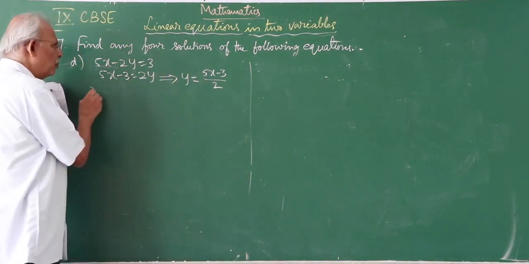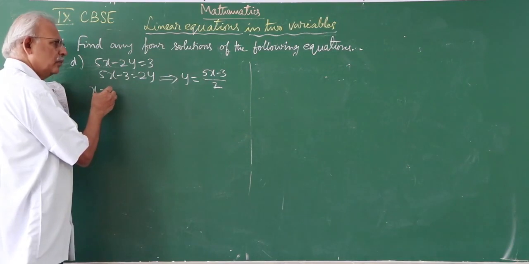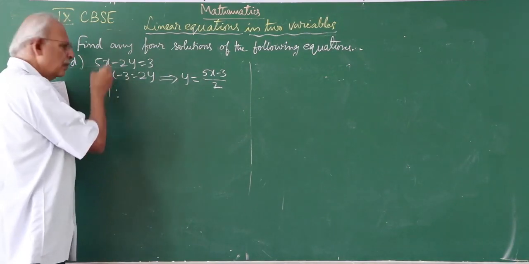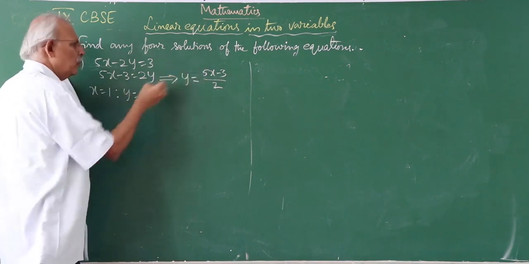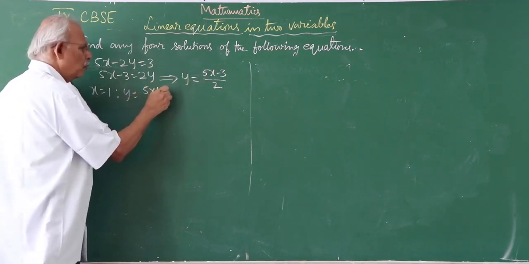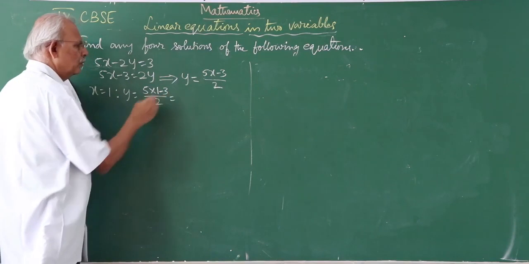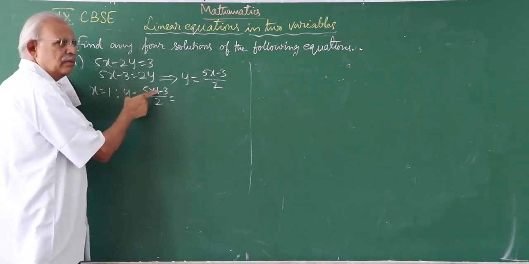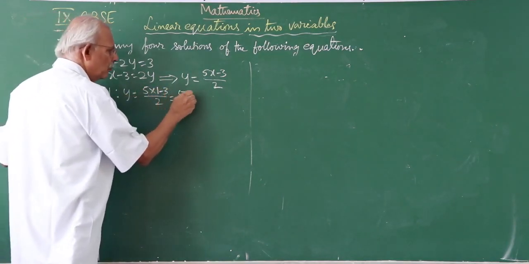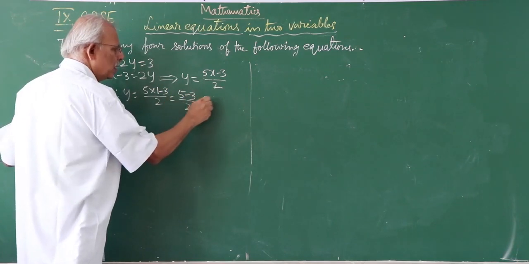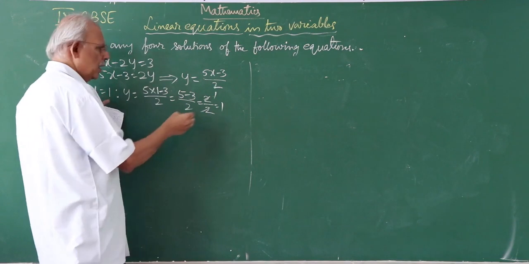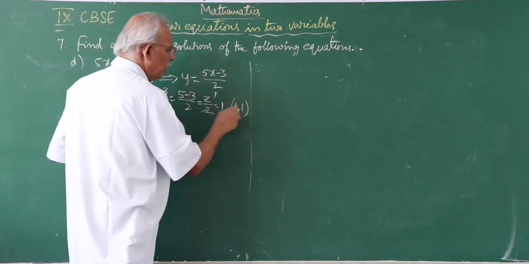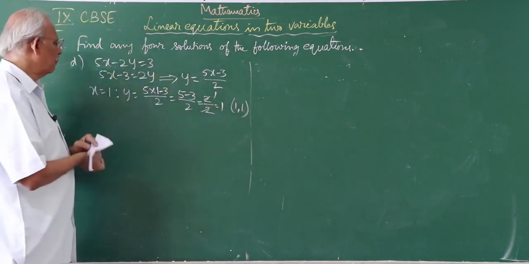Now look here, put x equal to 1. You can take any value. So y is equal to, substitute 1, 5 into 1 minus 3 by 2. 5 into 1, 5 minus 3 is 2, 2 by 2, that is 1. So when x is equal to 1, y is also equal to 1.